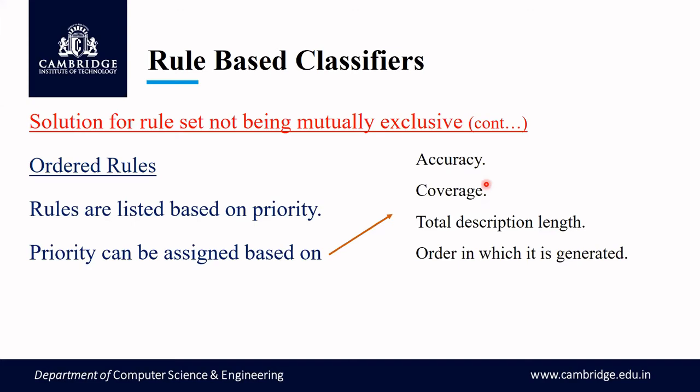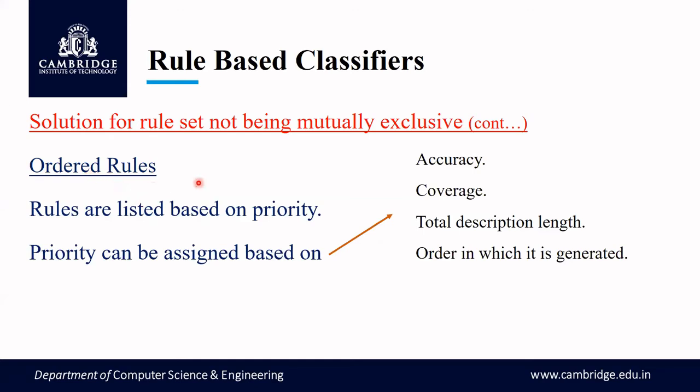Similarly here, if the description length, that is the number of conjuncts in the antecedent part, increases, then there are more chances of covering more records. So you can consider it in that way also. Or if you are not considering all this and are randomly generating in some order, then you can take the priority based on the order in which it is generated. This is how you perform your ordered rules.